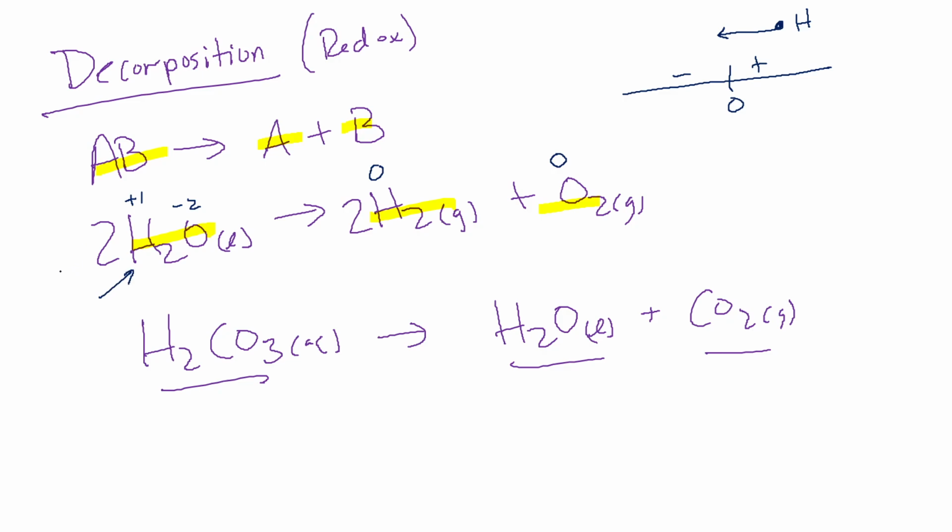It is the hydrogen here that is being reduced. Oxygen is starting at -2 over here and ending at 0, moving in the positive direction. And it is the oxygen here that is being oxidized.